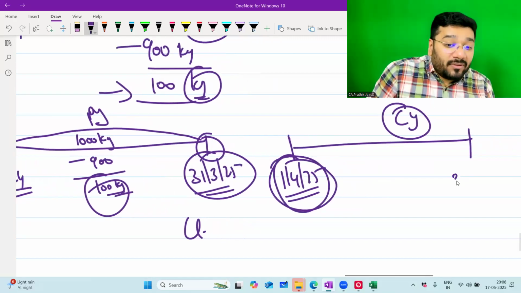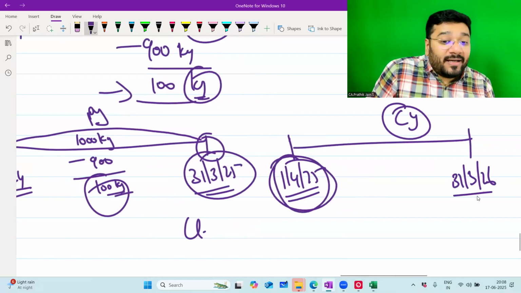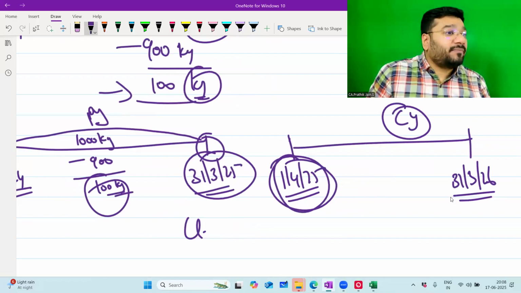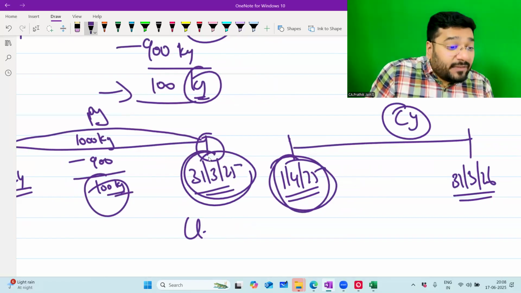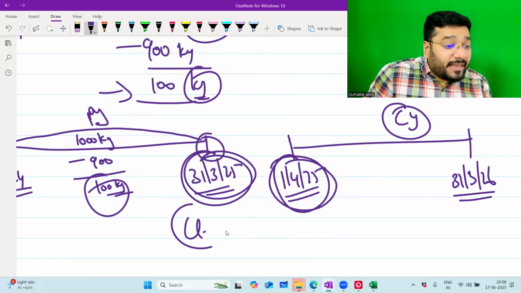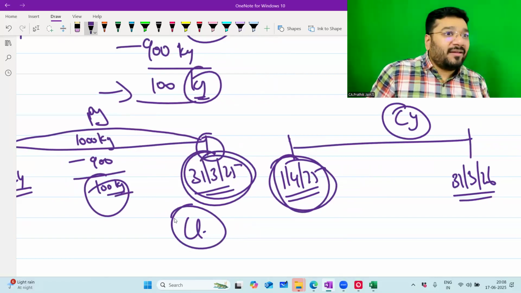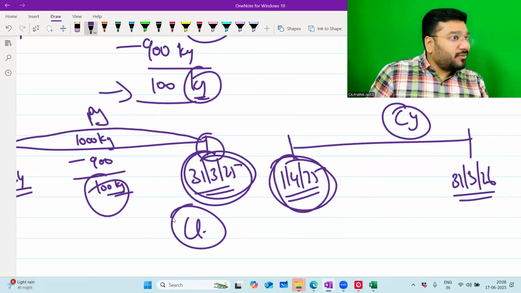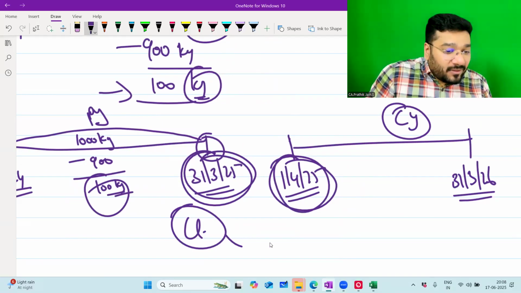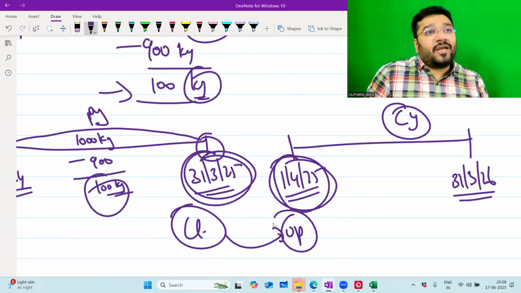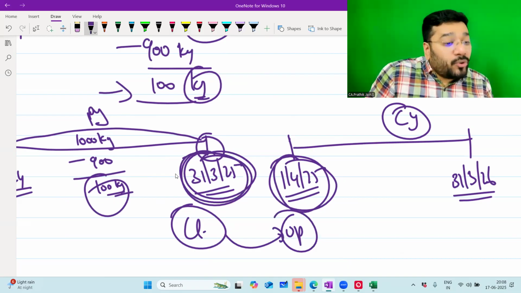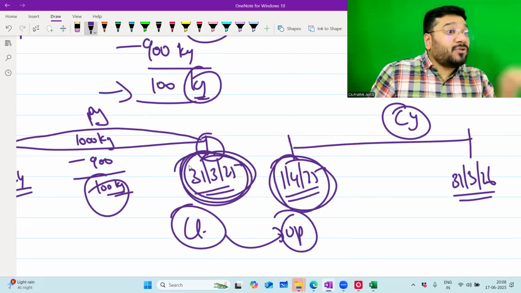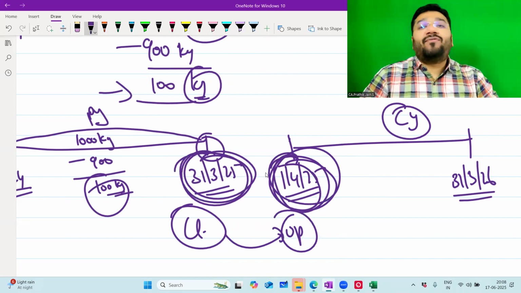The current year is 1/4/25 to 31/3/26. Previous year 31/3/25, whatever data was there, that we call closing value, closing inventory, closing cash, closing stock. That becomes opening on the first day of the next year. So whatever is the closing balance of 31/3 becomes the opening balance of 1/4/25.